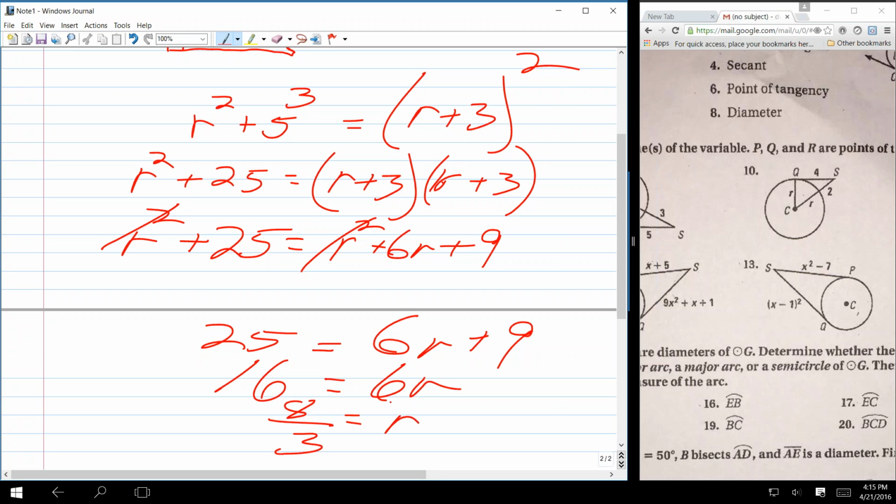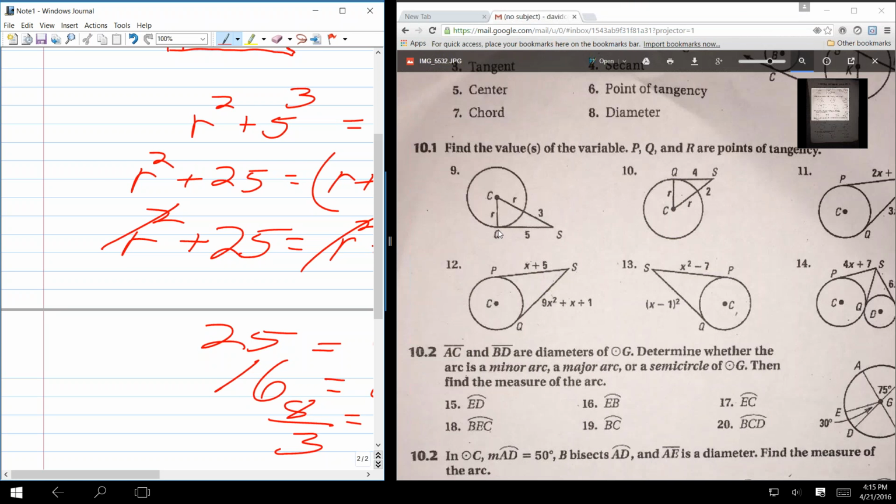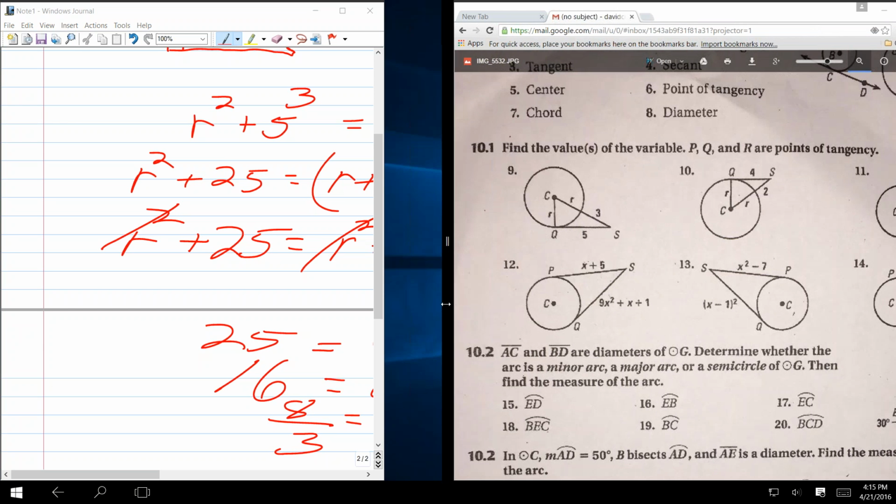It's 16 over 6, which reduces to 8 thirds. Now, let's look at that and make sure that that makes sense as an answer. Yeah, it does. R could easily be a positive number, 8 thirds. That r is 8 thirds. That's going to work. In other words, we didn't do anything wrong in our mathematics.